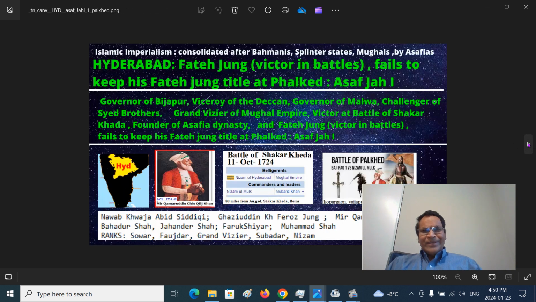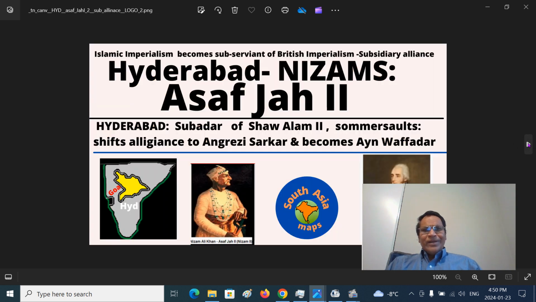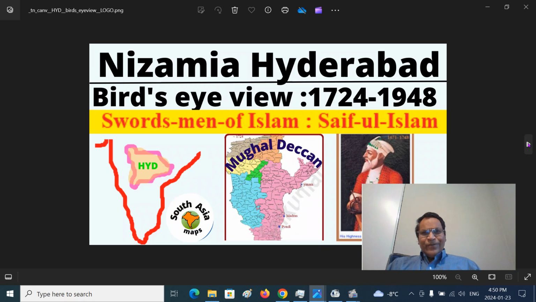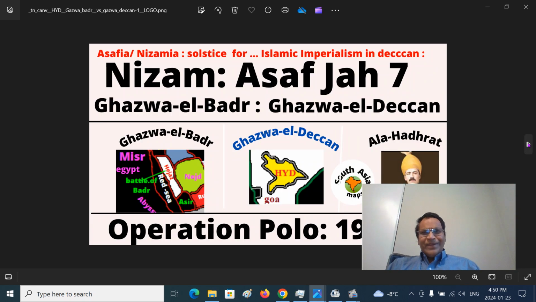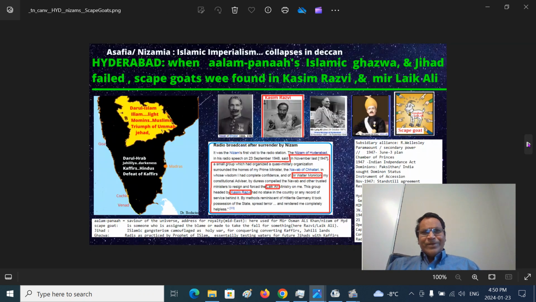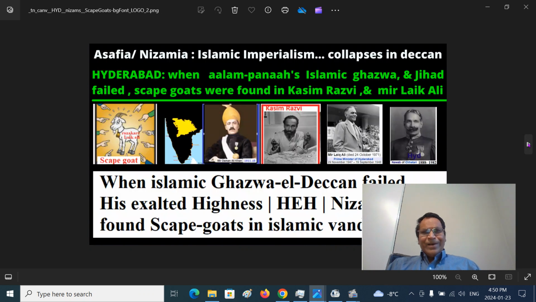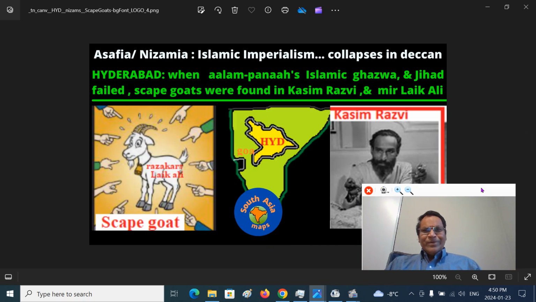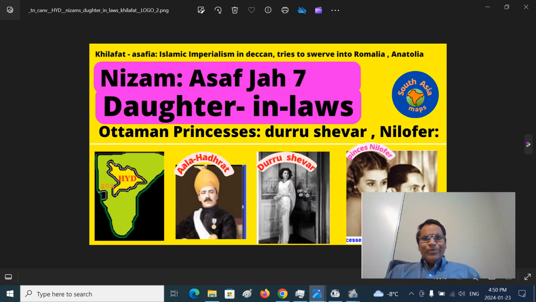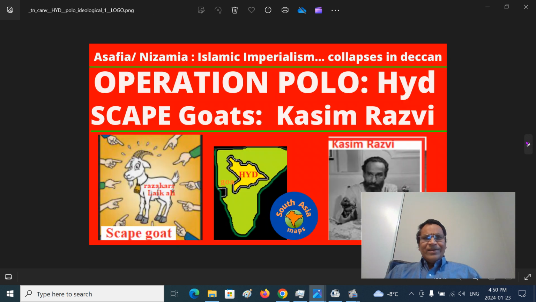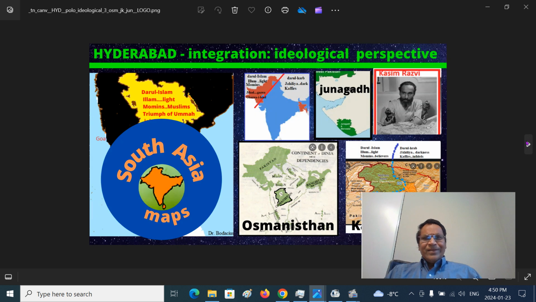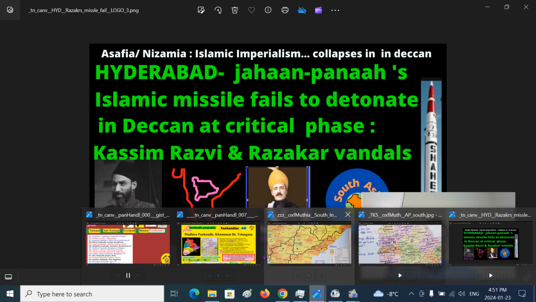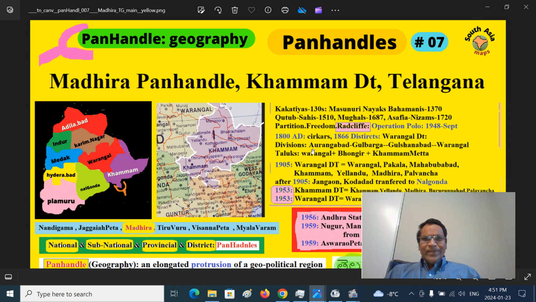If you look at Hyderabad, you will find the very fascinating Telugu state, the Asaf Jahi dynasty, Hyderabad, Operation Polo, Asafia Nizamiya, and Qasim Razvi, and all those things. I have posted about the daughters-in-law of the Nizam, and all those things. You can look at it in detail.